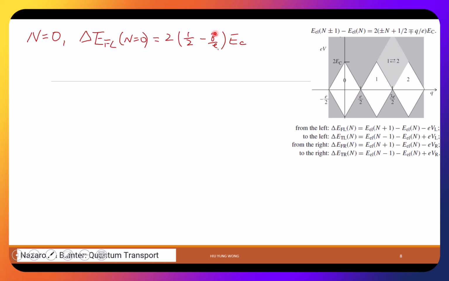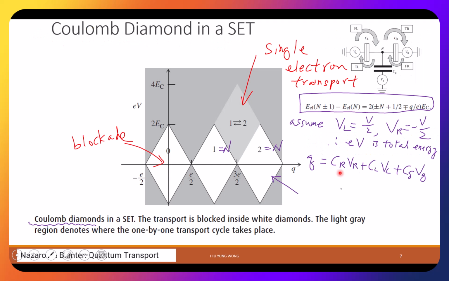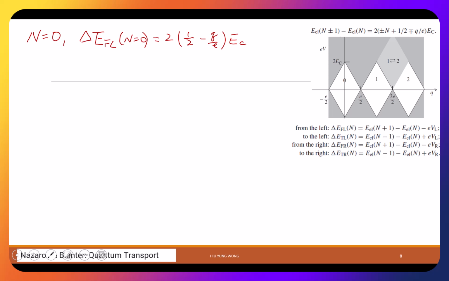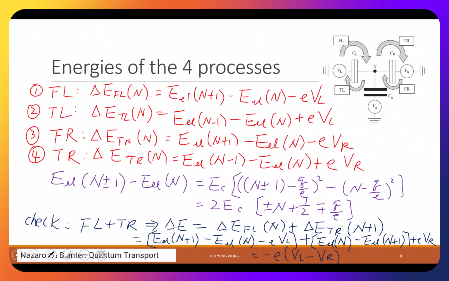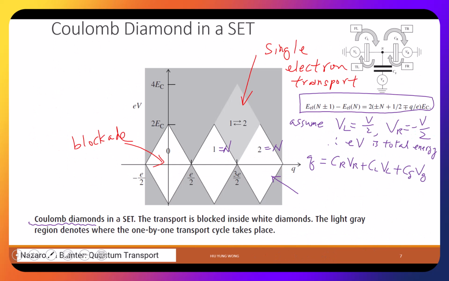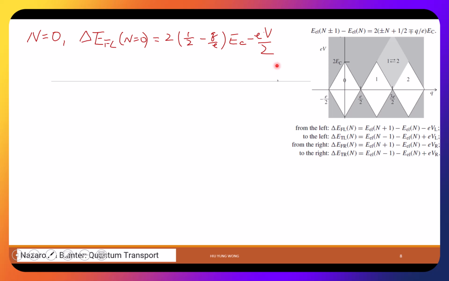Q again is the induced charge, and e is the elementary charge. And of course I need to also add this eV over 2, because remember this one is minus eVL, but now VL is equal to V over 2. So that's why I need to subtract eV over 2, right?